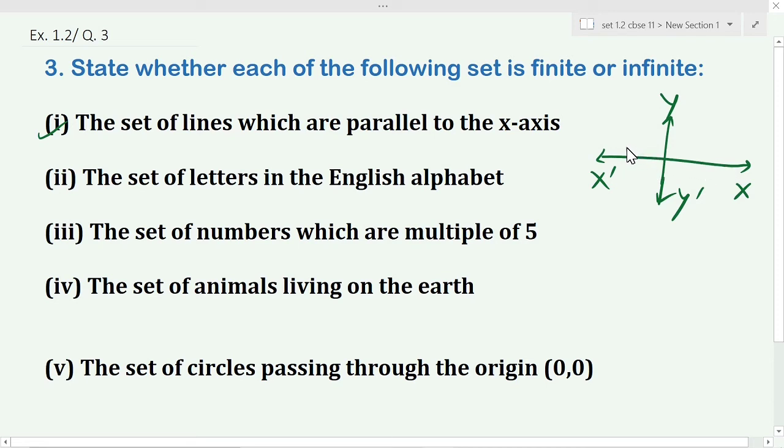You can draw infinite numbers of lines which are parallel to the x-axis. So the set of lines which are parallel to the x-axis is infinite, because lines parallel to the x-axis are infinite in number.